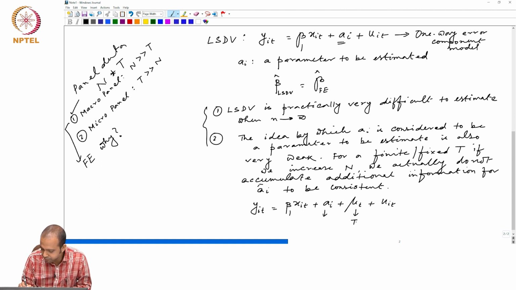So, this is called the time fixed effect, and this is called the individual fixed effect.